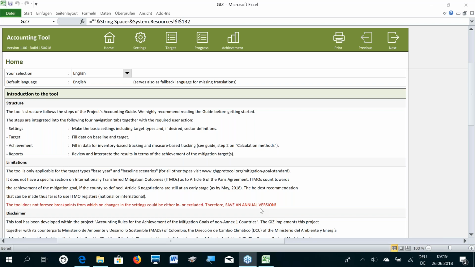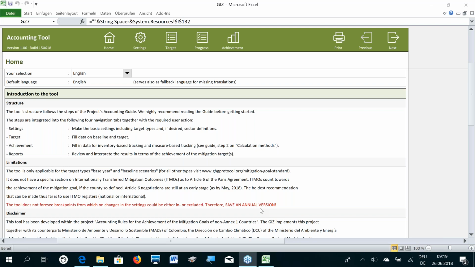But our intention was to create a tool that can be run on most government computers, and therefore we didn't want to use software where you would have had to buy a license. And actually I think it worked out quite fine.